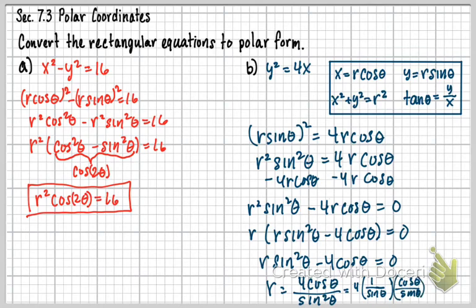Now the reason for this, and I don't know if this is any better than what I've had already, but this would give me, and I'm just going to write this over to the left because I ran out of room here. This would give me r equals 4 secant theta cotangent theta. And that might be the answer that the book is looking for.